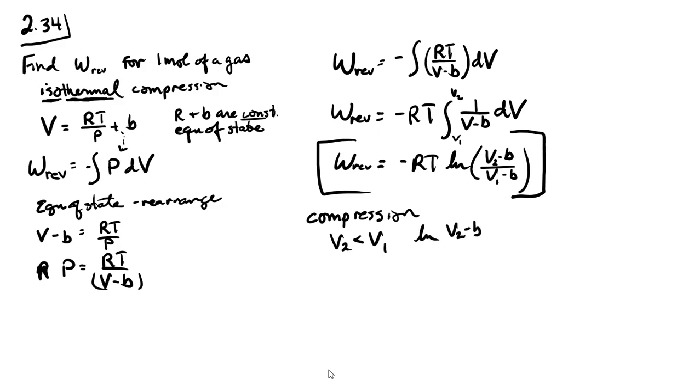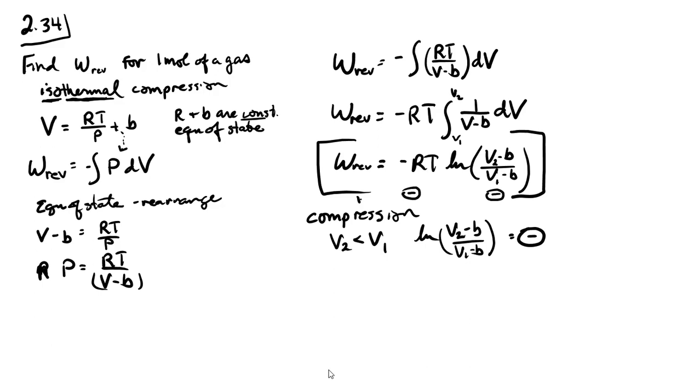So I'll just write this again. This is going to be less than 1, so the natural log is going to be negative, right? So this whole term is negative. And then R and T, those are positive, and this is negative.